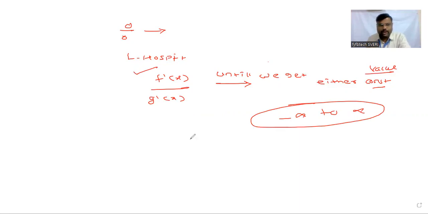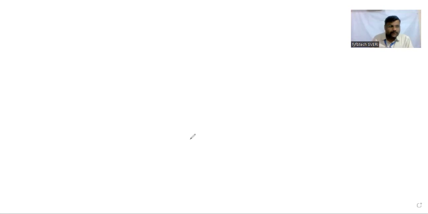We solve some example on that L'Hospital rule. So write on the next example 6.1.